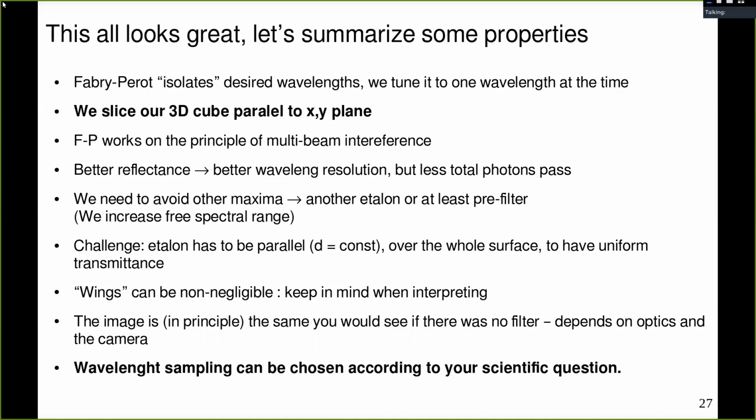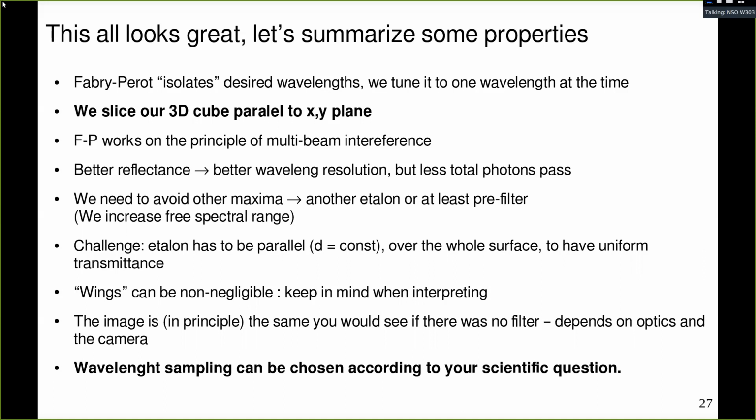Right? And here, the theoretical background of this is the multibeam interference. So we have these beams that are reflecting and coming out and then interfering, and the ones that are constructively interfering are being allowed to go outside. And if we have good reflectance and, as we heard, in general good quality, which means not a very high level of small imperfections and so on, we will have very well defined maxima, but always keep in mind that will mean that fewer photons will pass through your instrument, right?